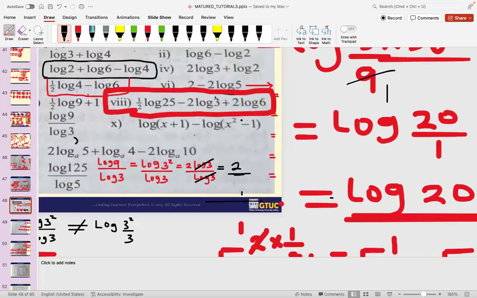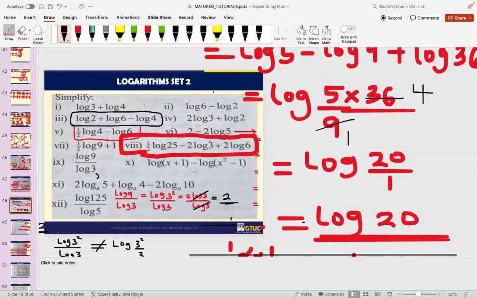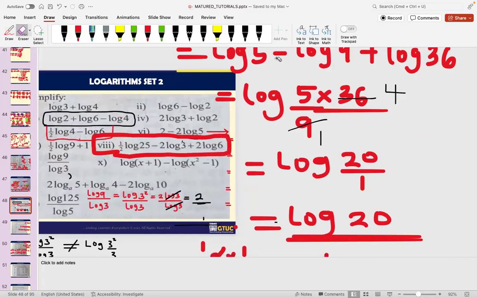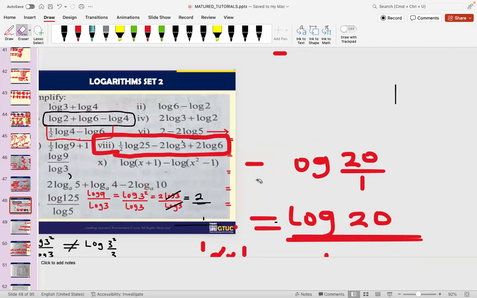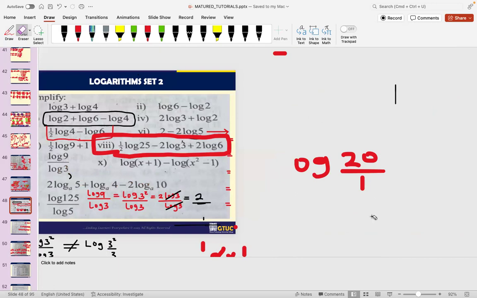This is also an interesting question which demands a lot of algebraic manipulation. Let's see how we can simplify it to the barest minimum. Let me write the question here and then we can do it together.